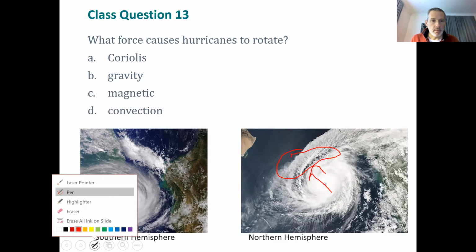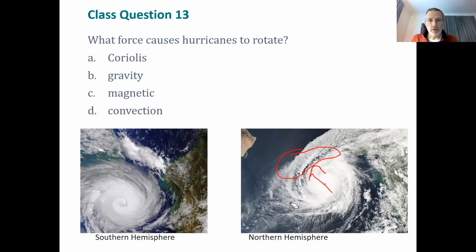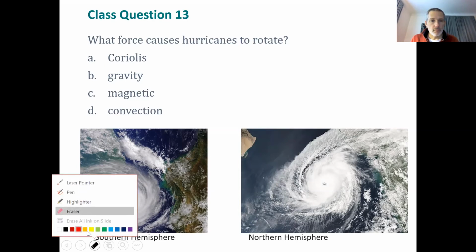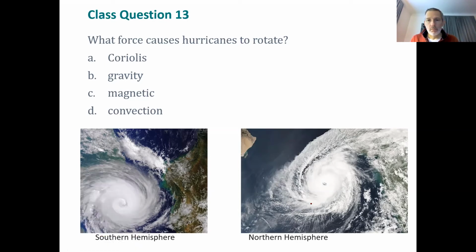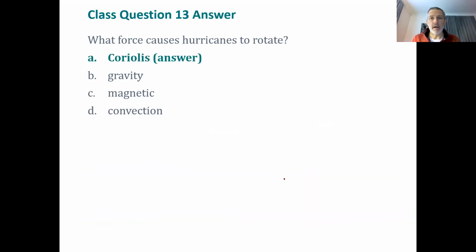Let me erase. But if the storm had a different path, if the storm was moving in this direction, the storm surge would be up here. So again, it depends on the angle at which the storm is approaching, as well as if we have a city right at that storm surge, that can be really bad.